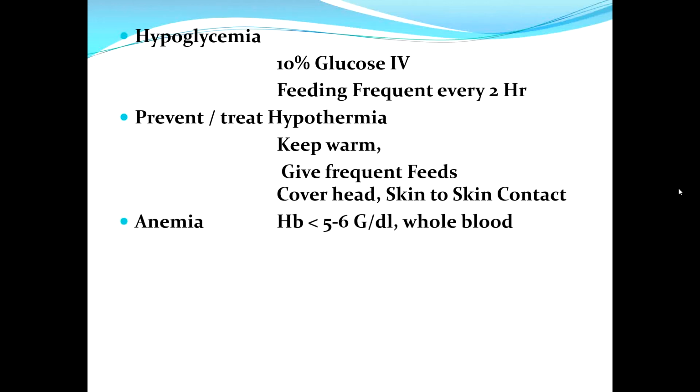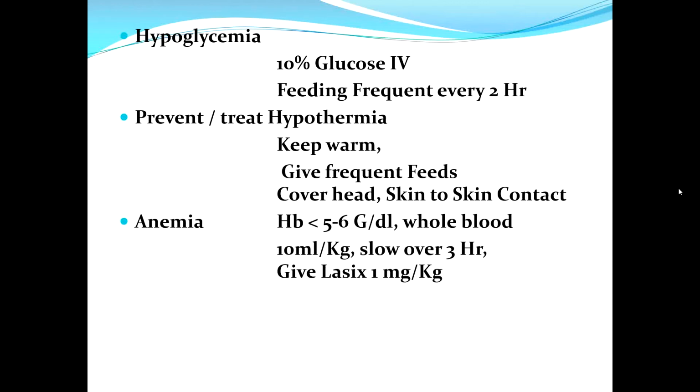If children are anemic and hemoglobin is less than 5 to 6 grams, we need to give them whole blood transfusion in small amount, 10 ml per kg, slowly over 3 hours under cover of Lasix to prevent circulatory overloading.